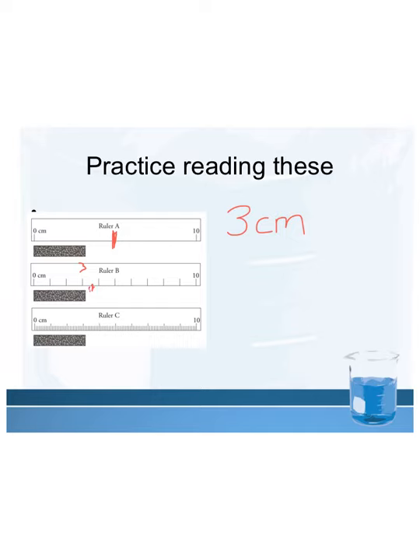It's definitely not closer to 4, it's closer to 3. It's definitely not close to halfway. So in this, I would probably say 3.2 centimeters.